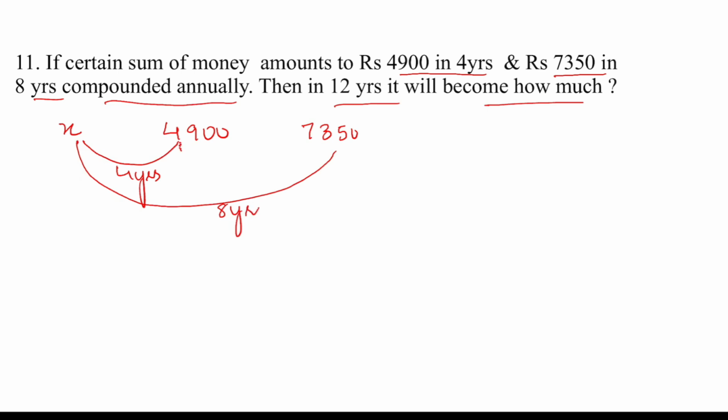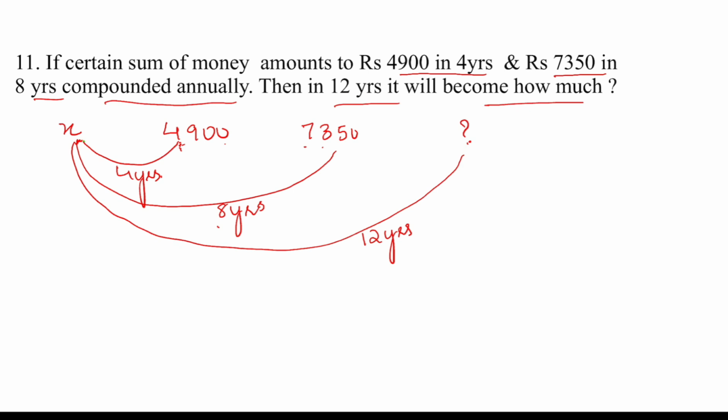x will become 4,900 in 4 years. Then x will become 7,350 in 8 years. Now, after 12 years, how much will it become? From the starting till 12 years, how much will it become? Now here we can say like this.